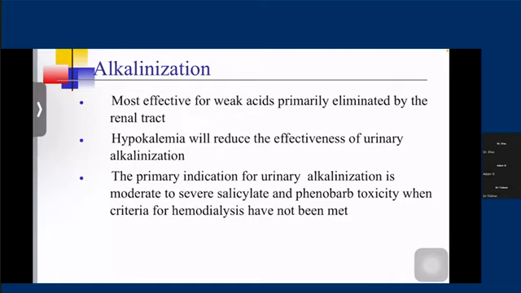The primary indication is for moderate and severe salicylate and phenobarbital poisoning. These are a few substances for which we can consider alkalinization, and the outcome is very good, especially if we are not in a setup where we can provide hemodialysis.